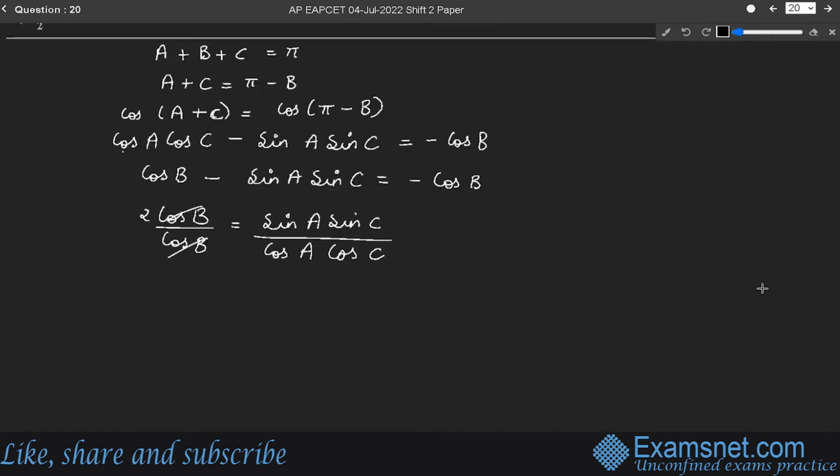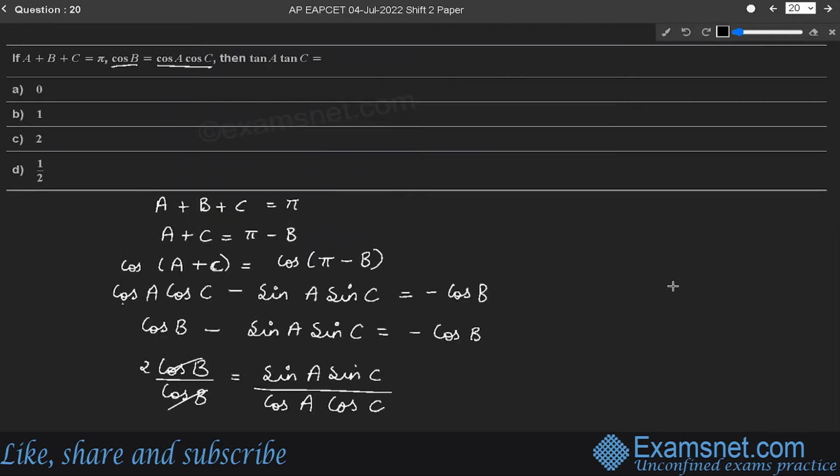Cos B and cos B will be cancelled. So 2 will be equal to sin A upon cos A, which is tan A, and sin C upon cos C, which is tan C. So tan A into tan C will be equal to 2. Therefore, we can say that the value for tan A into tan C is 2. So option number C is the correct option here.